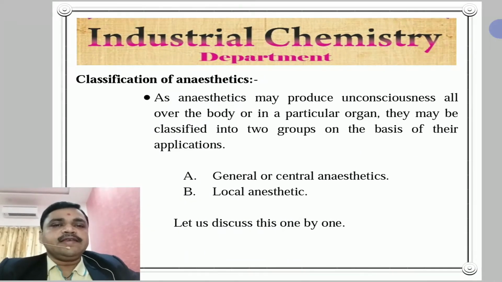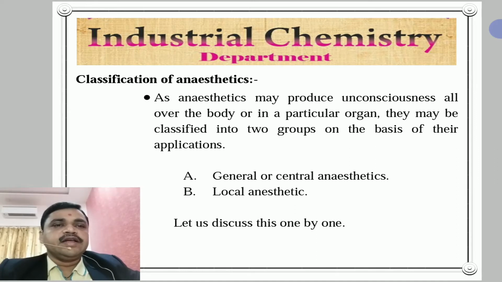Now, classification of anesthetics. As anesthetics may produce unconsciousness all over the body or in a particular organ, they may be classified into 2 groups on the basis of their applications.